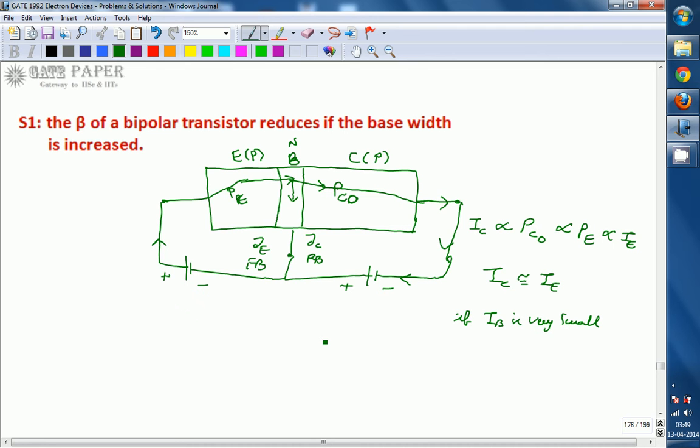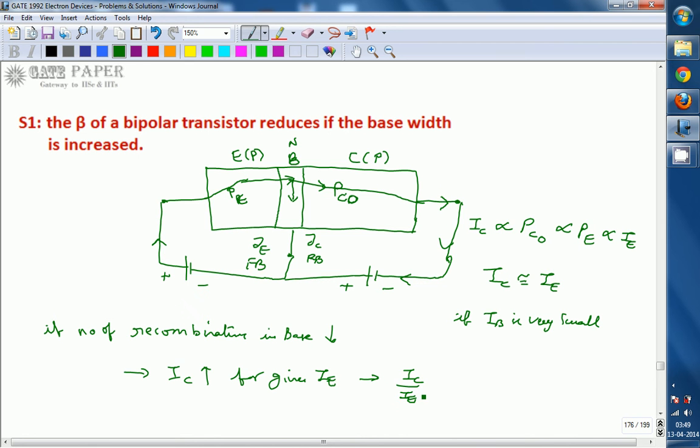IB is the base current, which is the number of recombinations in the base. If the number of recombinations in the base reduces, then IC is going to increase for a given IE, so IC by IE is going to increase for the given value of IE.